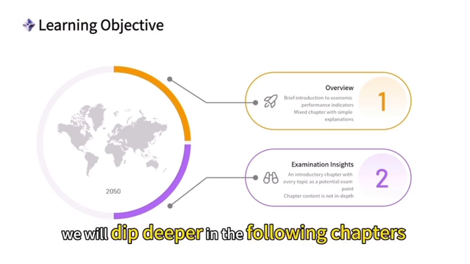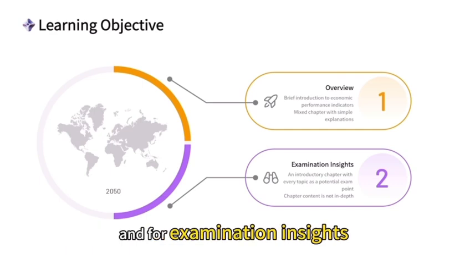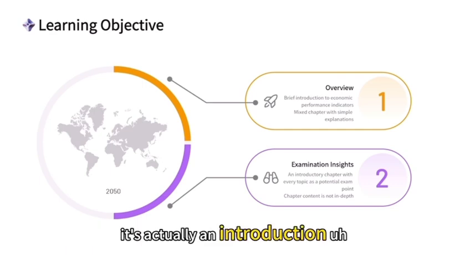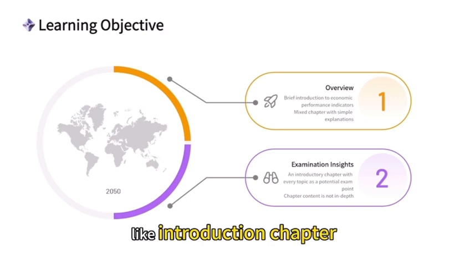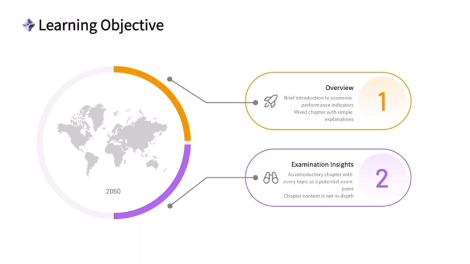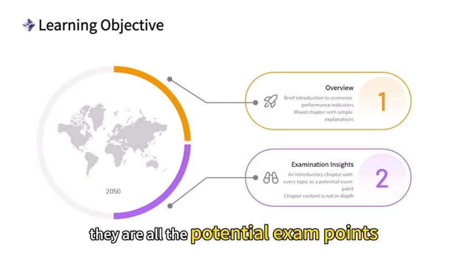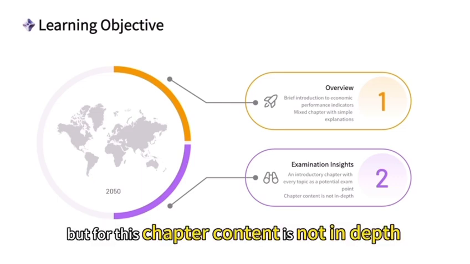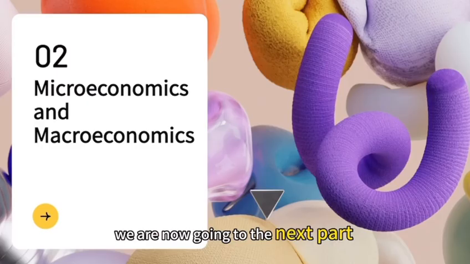We will dig deeper in the following chapters. And for examination insights, it's actually an introduction chapter. You will know a lot of topics. They are all potential exam points. But for this chapter, content is not in depth. We are now going to the next part.